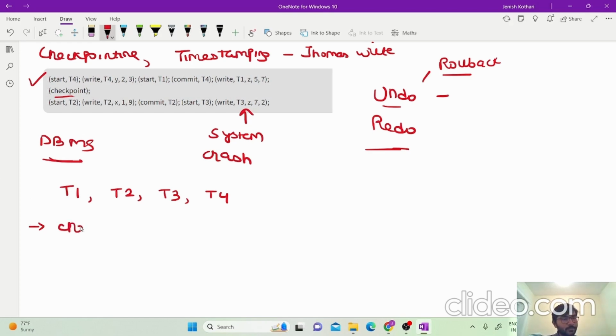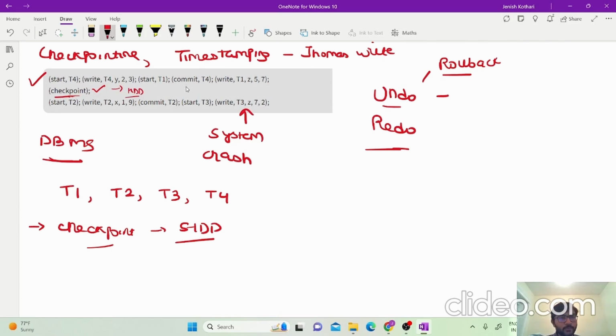What do we mean by checkpoint? Before the checkpoint, everything has been committed and written to the hard disk. If I do not maintain a checkpoint and a system failure occurs, I will have to roll back and redo all of the things I have done. A checkpoint means at least till this point everything was fine, and I am writing it to the hard disk.